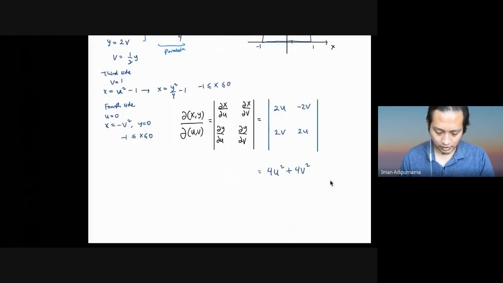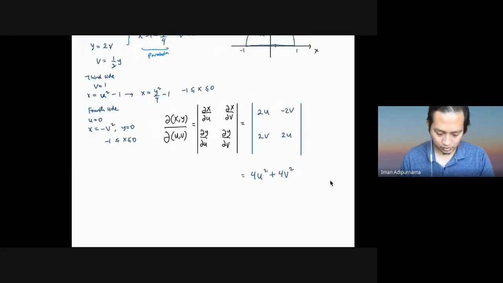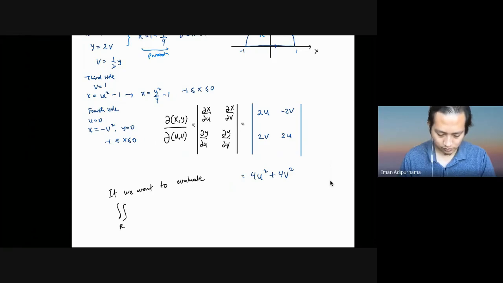And then we can write in terms of, if we want to evaluate, and R is bounded by the x-axis and parabola.